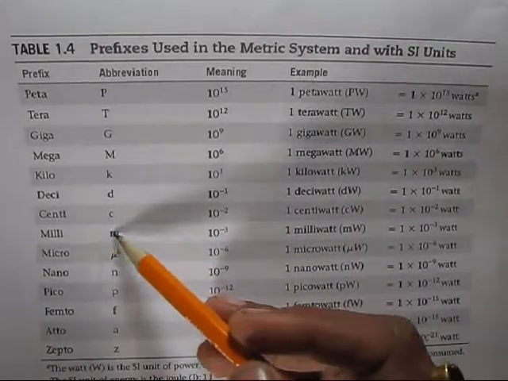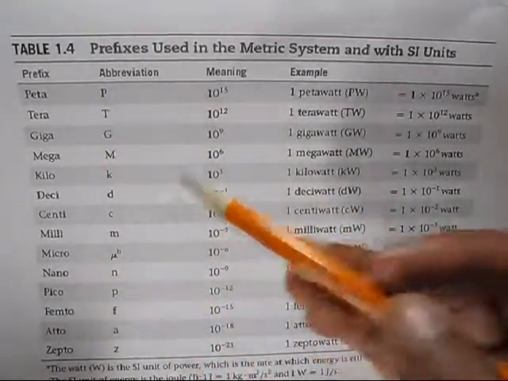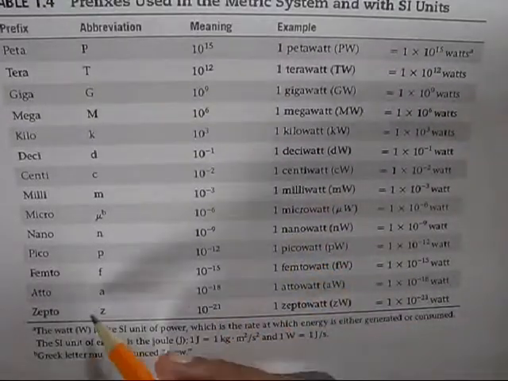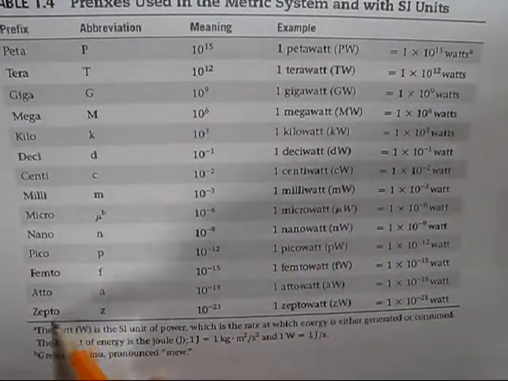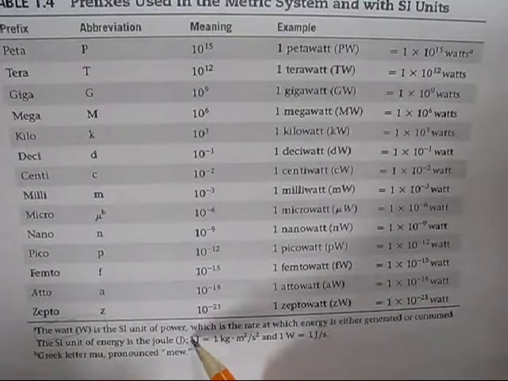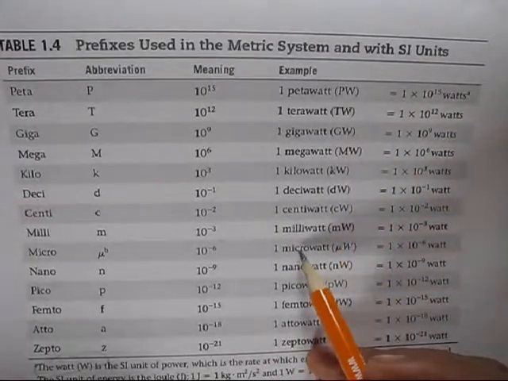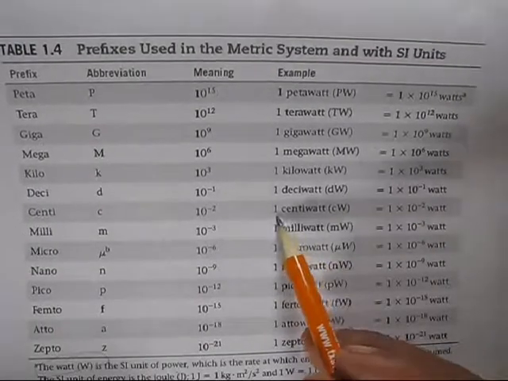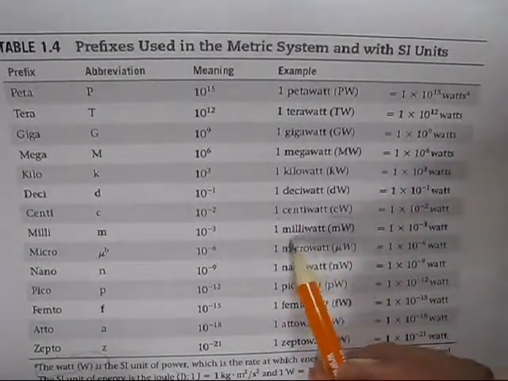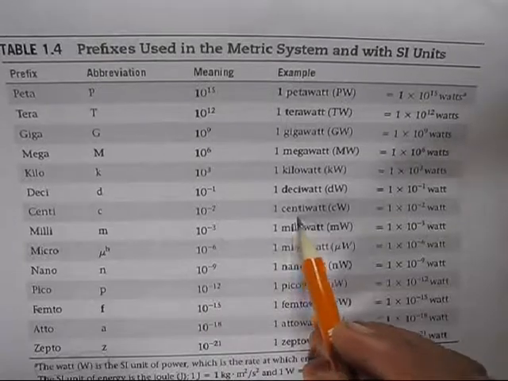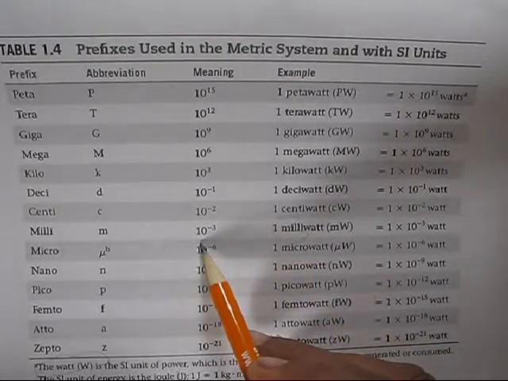You can use these prefixes with any unit. Here in this table they use watt, which is the SI unit of power. So here it gives you 1 milliwatt, 1 centiwatt. So 1 milli means you have to replace milli with 10 to the power minus 3.